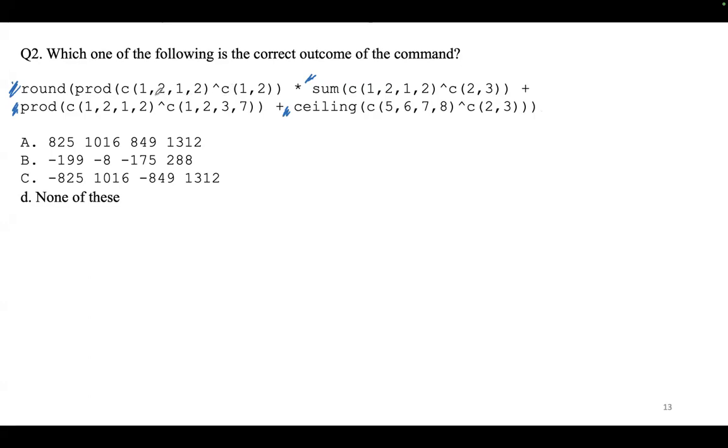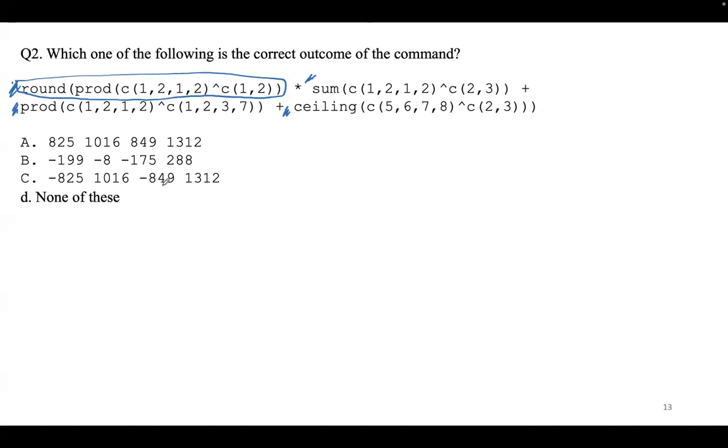First of all, let's talk about this one first. What do I solve first here? I have round, I have prod, and I have this power. Which one goes first?